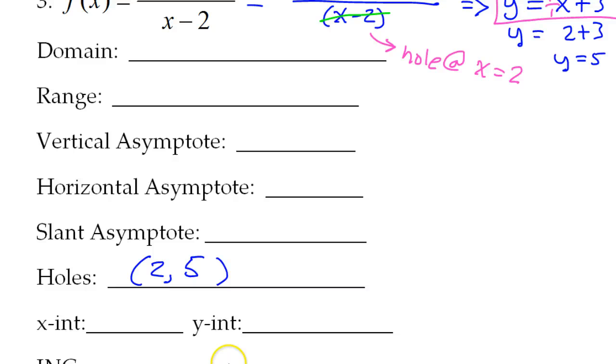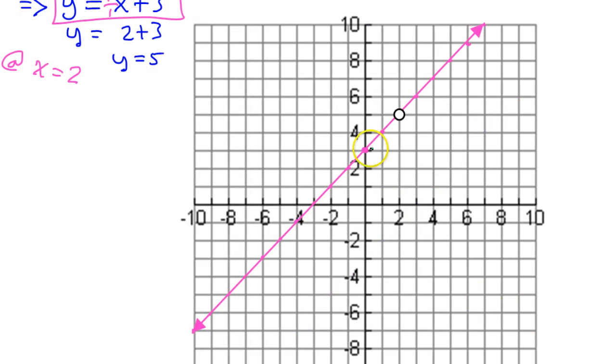It's just a line. So the domain, if it weren't for the hole, the domain would be negative infinity to positive infinity. But because we have this hole in the graph, we have to split the domain up. So the domain is x values.